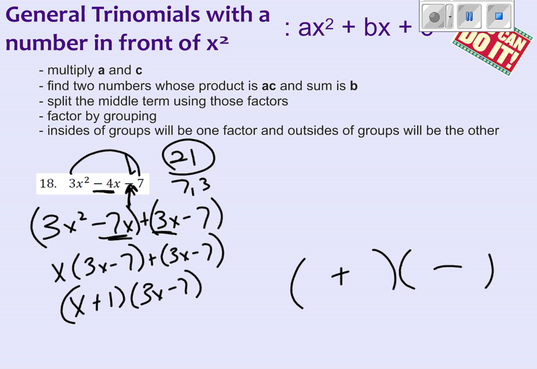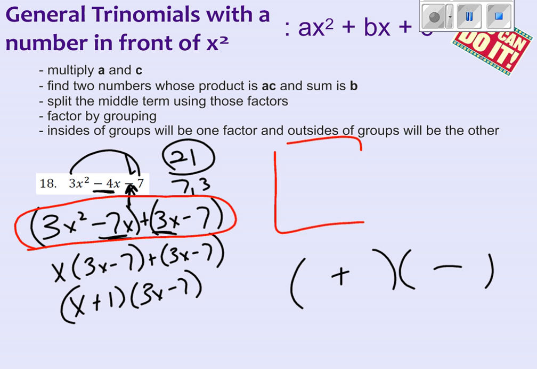Now, another way you can do that I think is pretty useful, it kind of organizes it for me. From this step, instead of grouping, I've had situations where I've put it into a box like this. I put each term in a separate box. Then I go greatest common factor across, across, down, down.